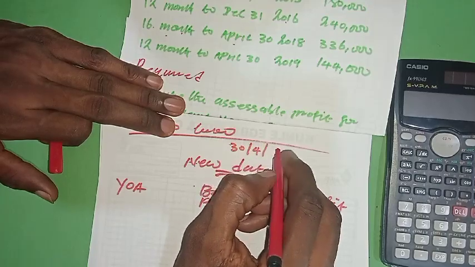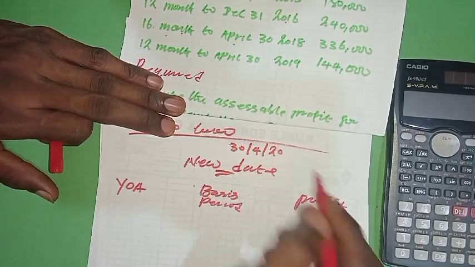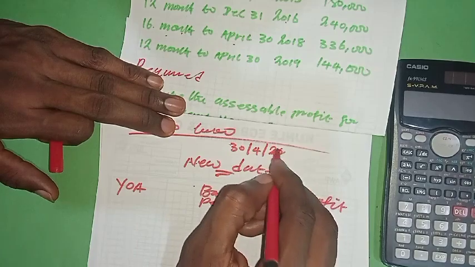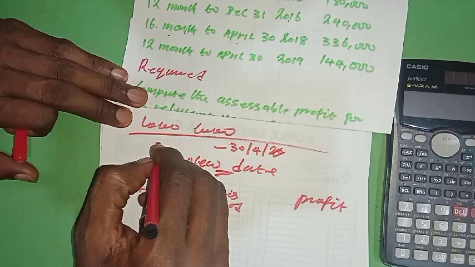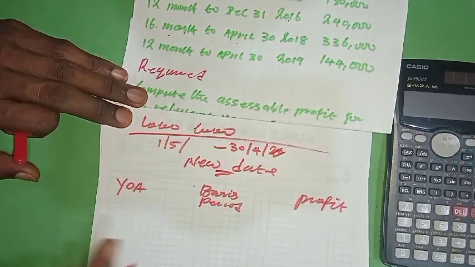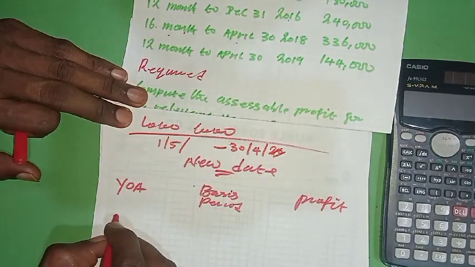Remove the date 30th April to 1st May. Now it depends which year now to put. It depends on the year of assessment.